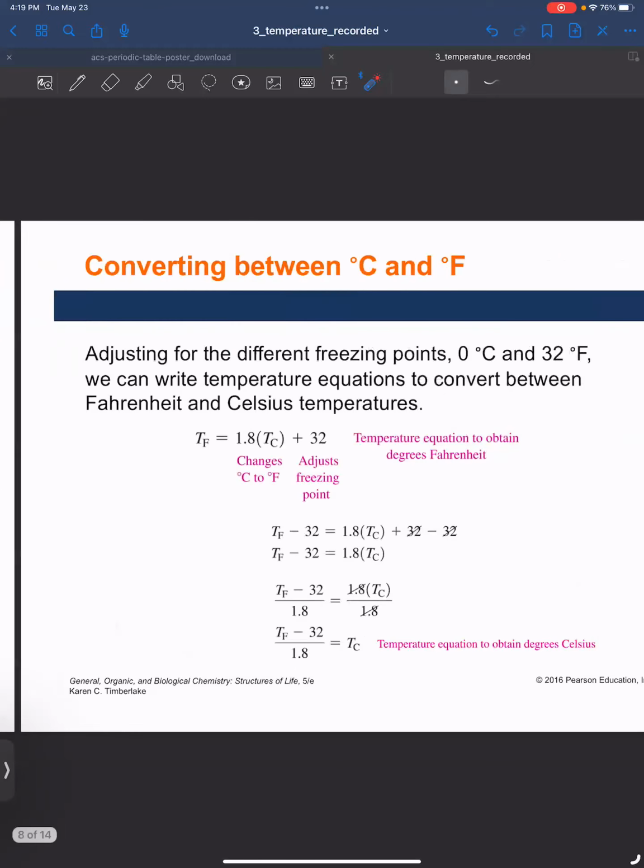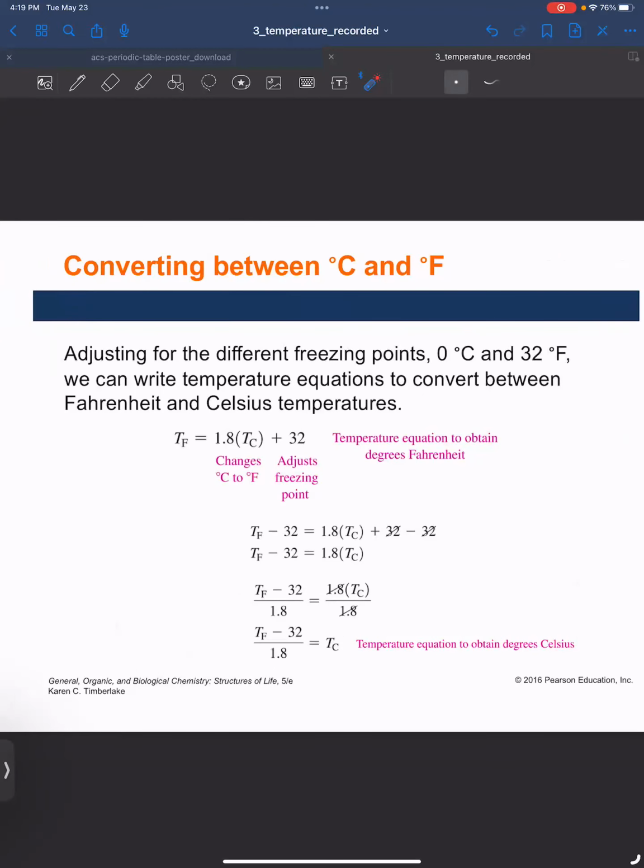Now, not only do we have to adjust for the different degrees, but the starting points are also different for Celsius and Fahrenheit. When we look at the different freezing points of water, 0 degrees Celsius and 32 degrees Fahrenheit, we can write temperature equations to convert between them.